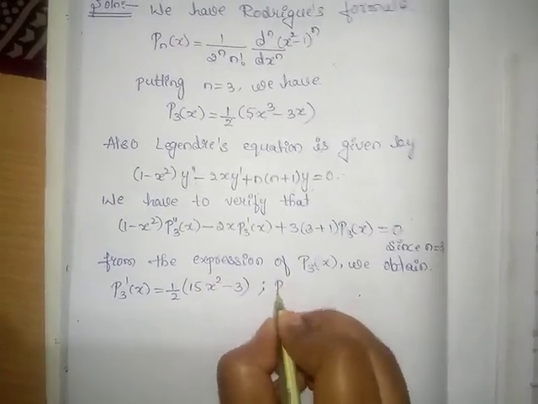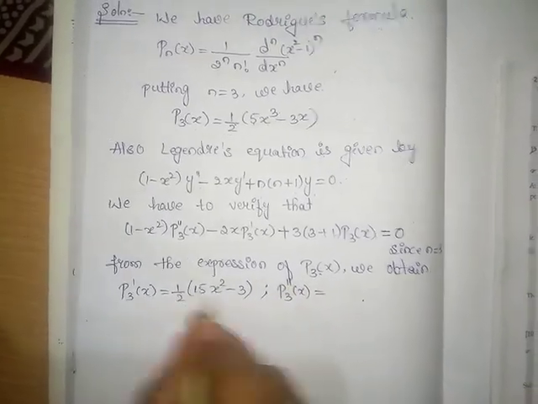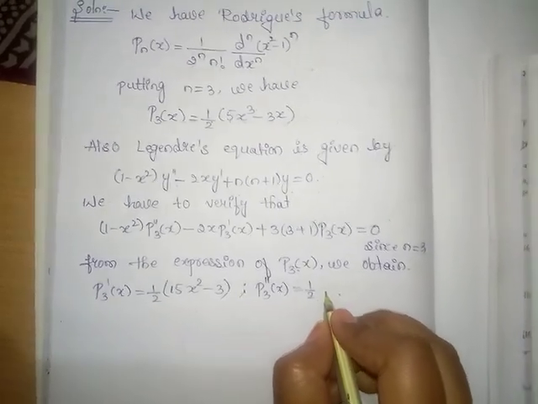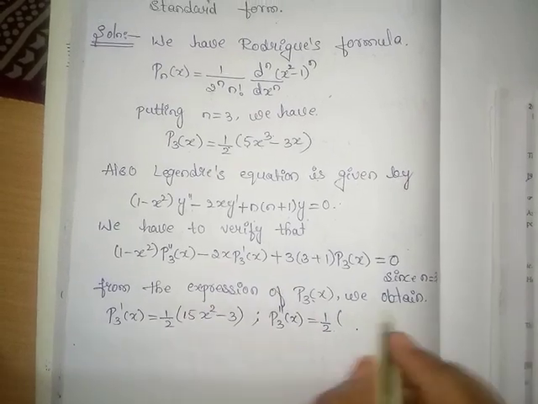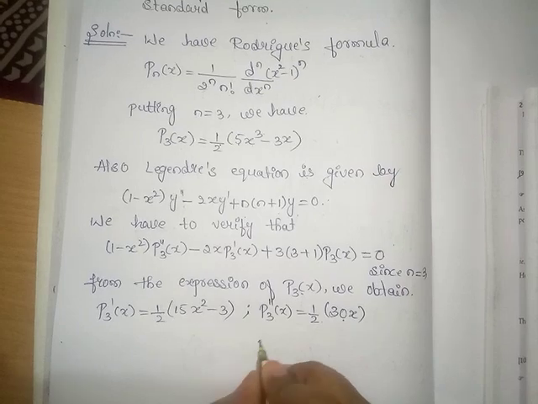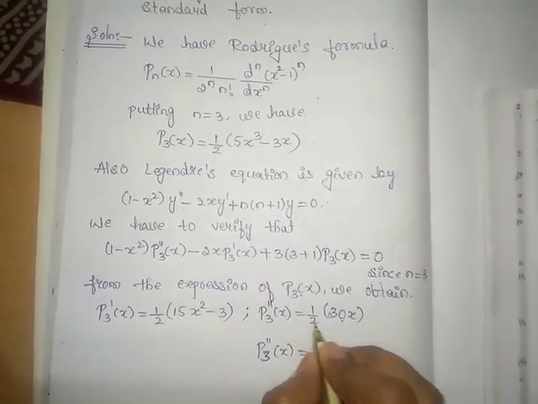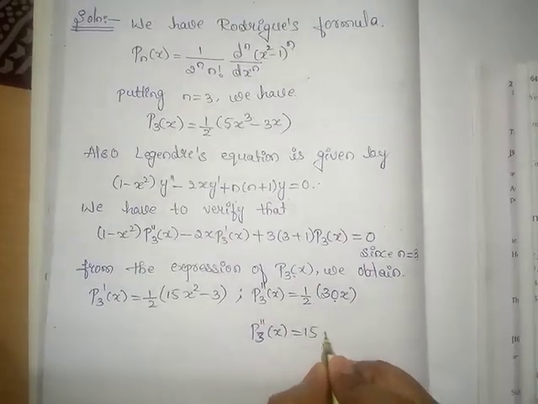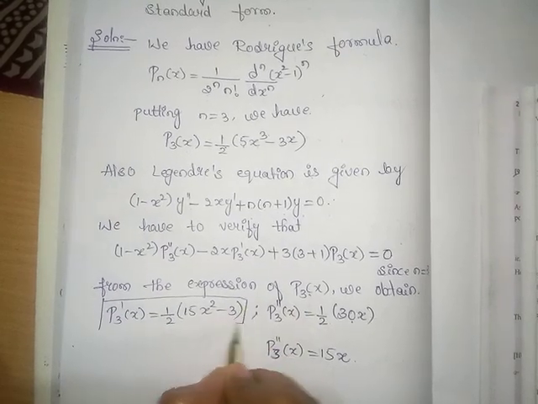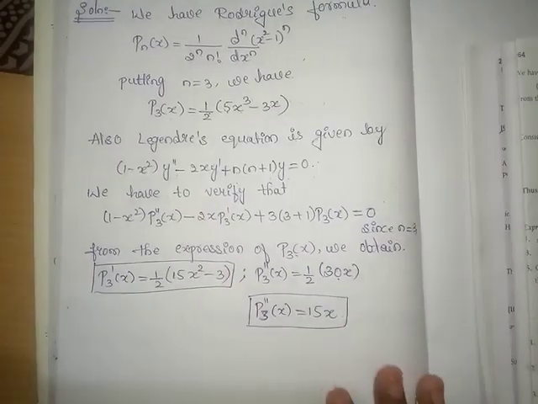Then P3 double dash of x, differentiate this, half as it is, 15 twos are 30x, so P3 double dash of x is 15x. We get P3 dash of x is this and P3 double dash of x is this.